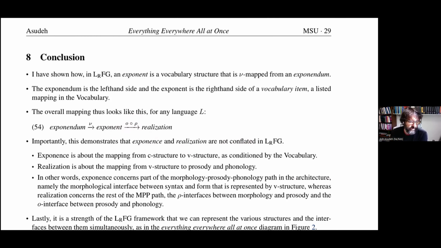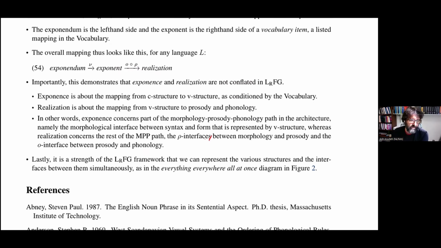In other words, exponents concerns part of the morphology, prosody, phonology path in the architecture, namely the morphological interface between syntax and form that is represented by V structure, whereas realization concerns the rest of the MPP path, the rho interface between morphology and prosody, and the O interface between prosody and phonology.